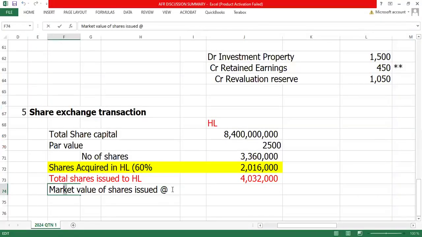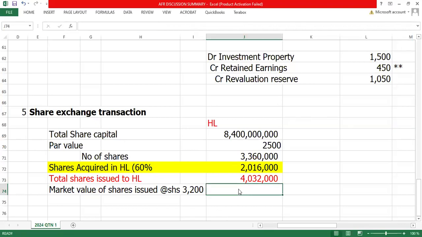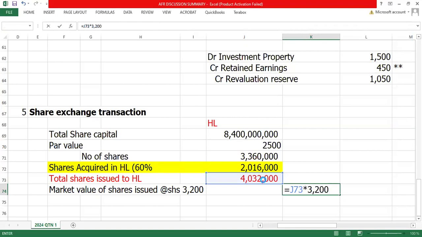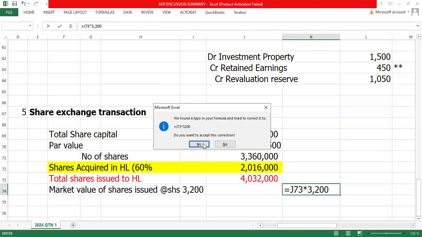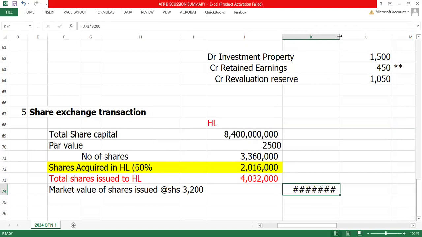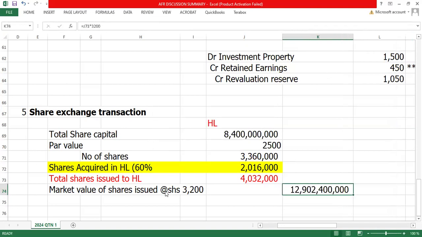So to get the total market value, I simply get this times 3,200. That's what I have as my market value.